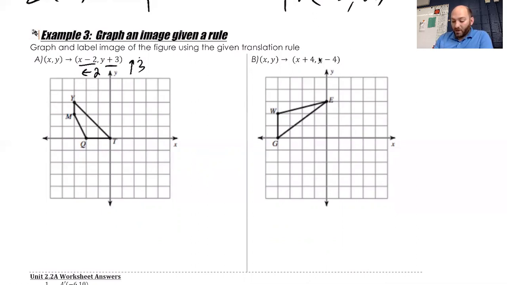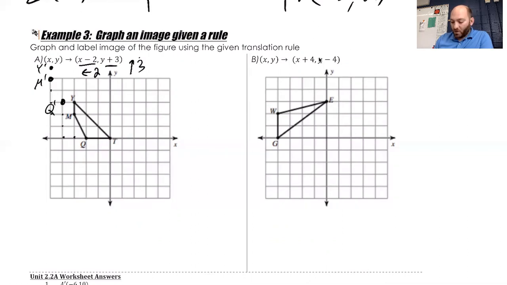So I'm just going to do that to every single point. Y is going to go 1 to the left, and I'm going to go up off the graph, but 1, 2, 3 up. There's y prime. Okay, m is going to go to the left, 1, 2, 3 up. So that is m prime. Q is going to go 1 to the left, 1, 2, 3 up. So there's Q prime.